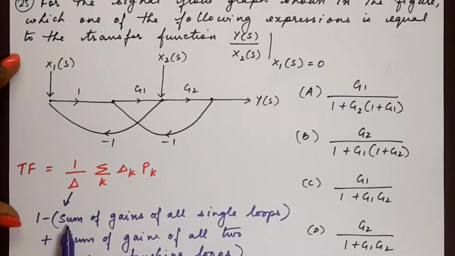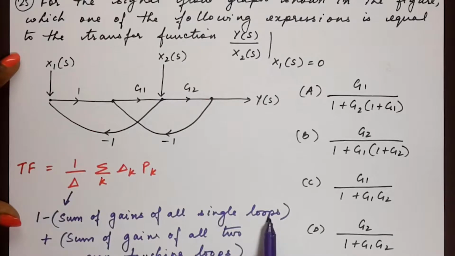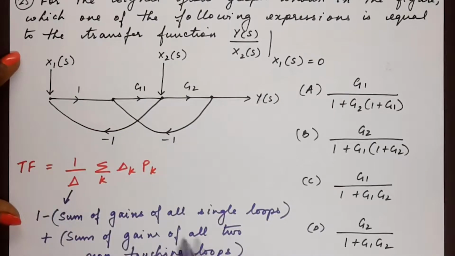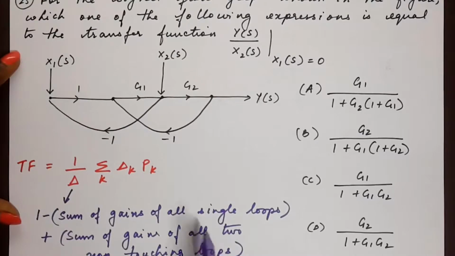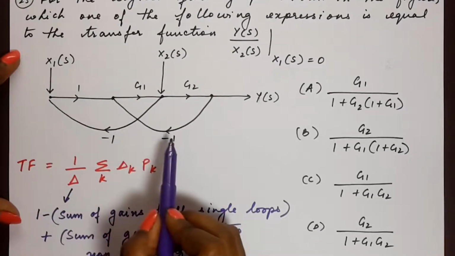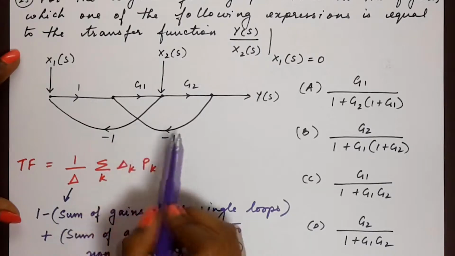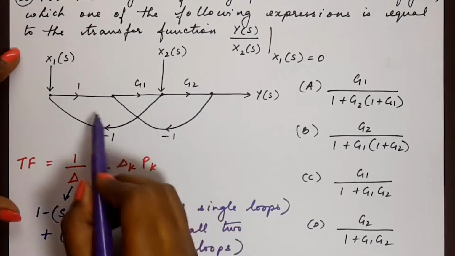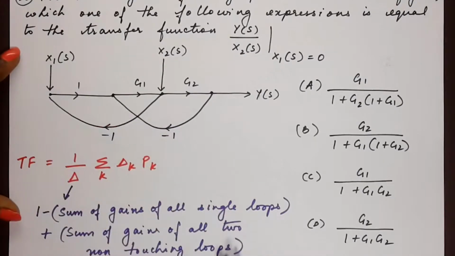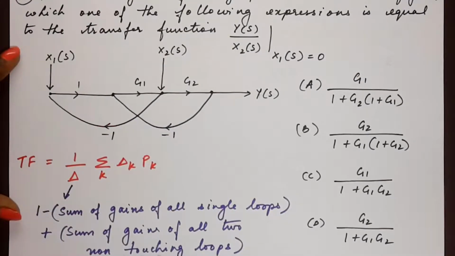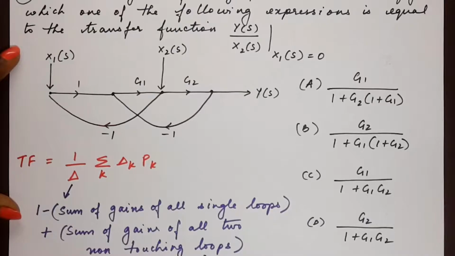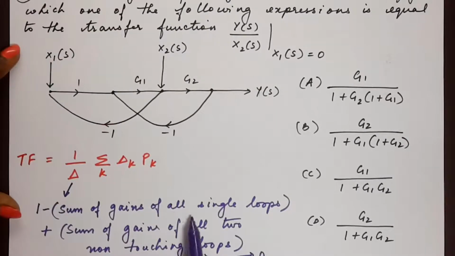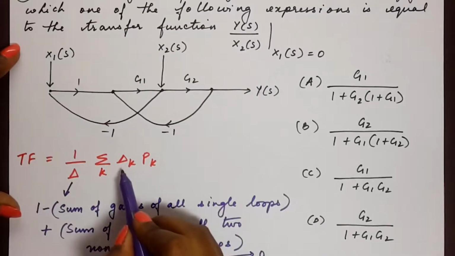Now in this expression, we have single loops here. We have 2 loops. But we don't have a pair of non-touching loops over here, because the 2 individual loops in this graph are overlapping each other. They are touching each other. So this part of the formula becomes 0. Though we do have the sum of gains of all single loops, we will come to that part.